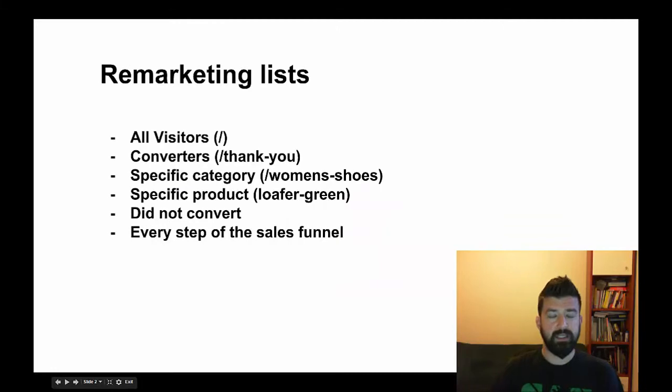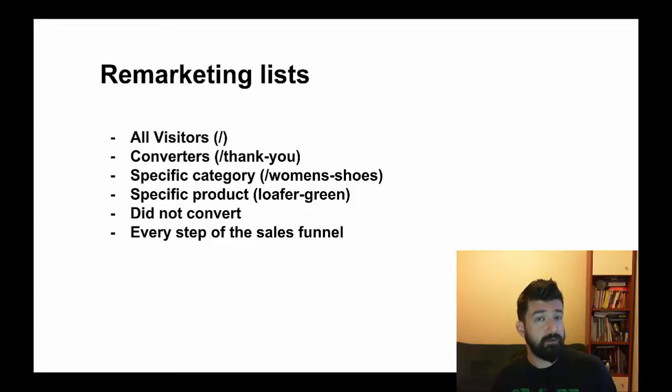So before we get to deep diving in the platform and show you step by step, I want to show you this thing. The one thing that we need to do is we need to create a list for all visitors and a list for a specific product or category. But wouldn't it be better if we can create lists for every step of the funnel, or create a list for the people that converted, for the people that didn't convert, for all the visitors, and make some custom combinations?